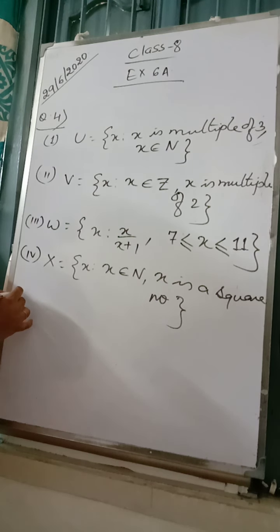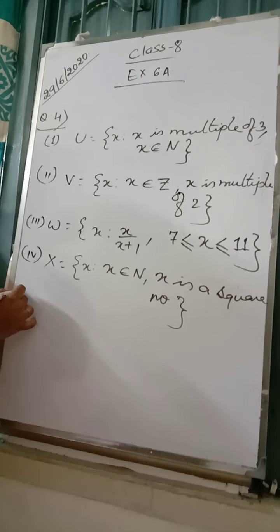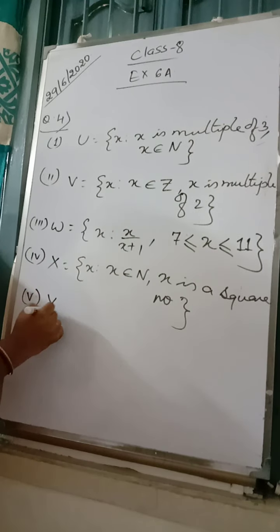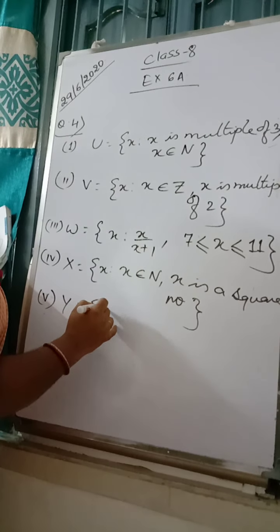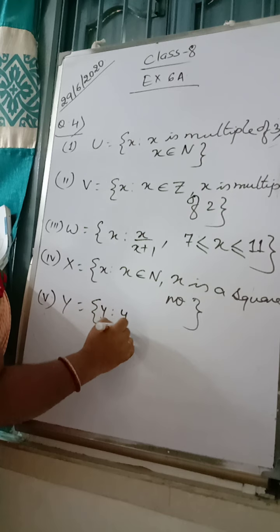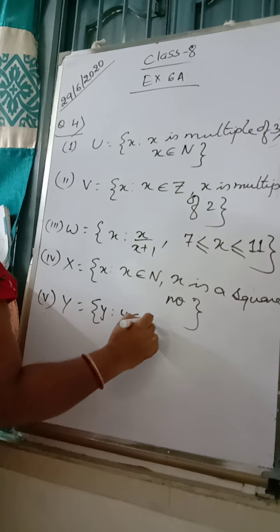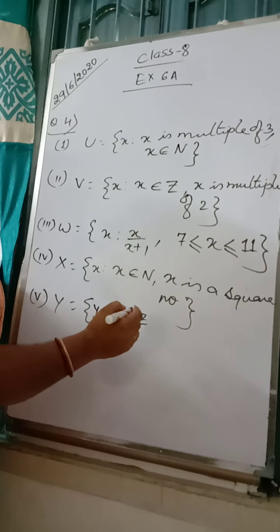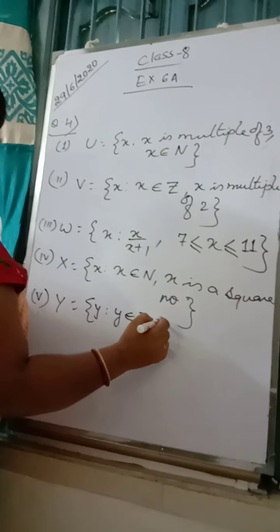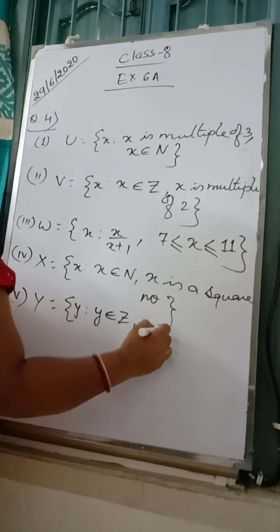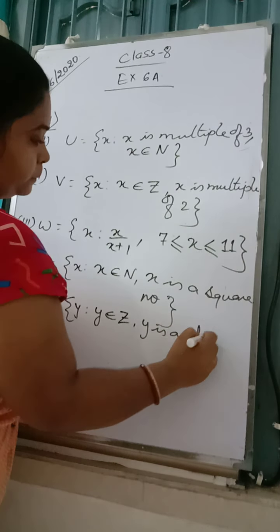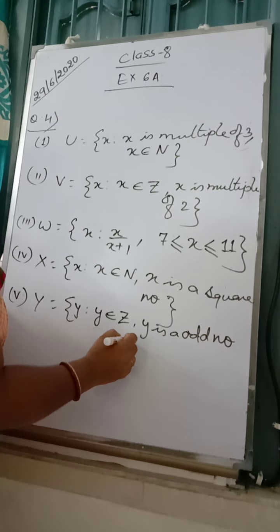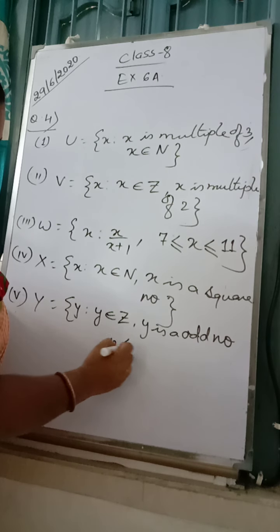Last is number 5: y belongs to integers and y is an odd number, and odd number greater than minus 12.